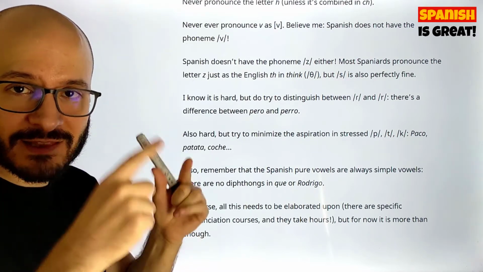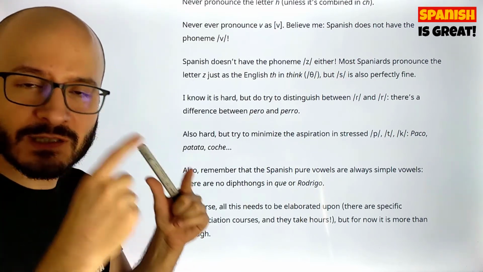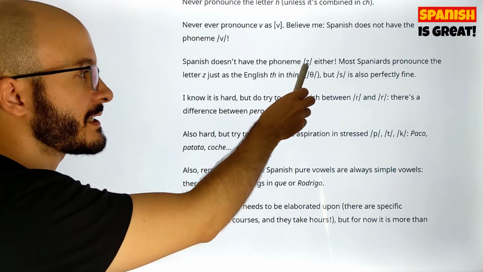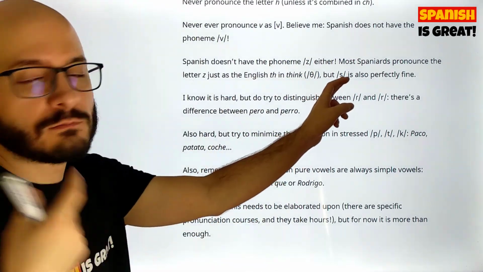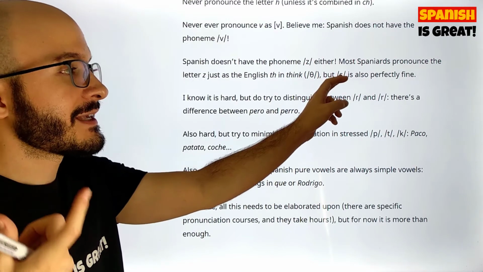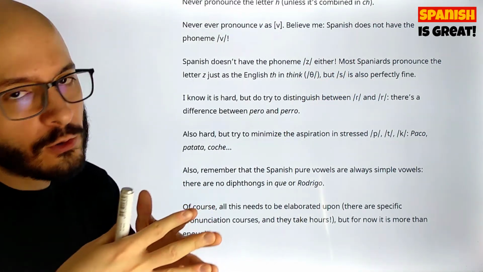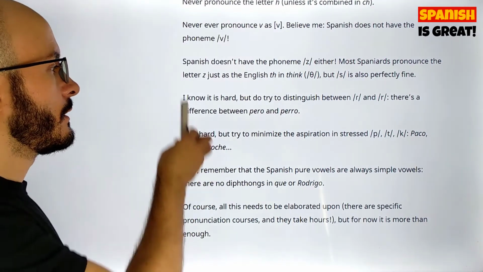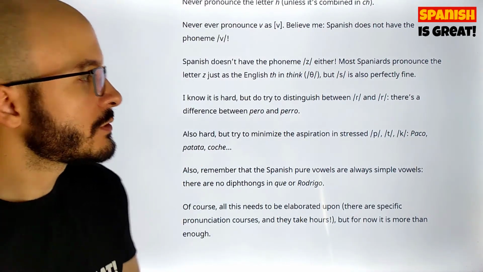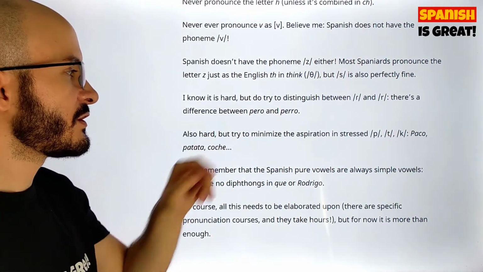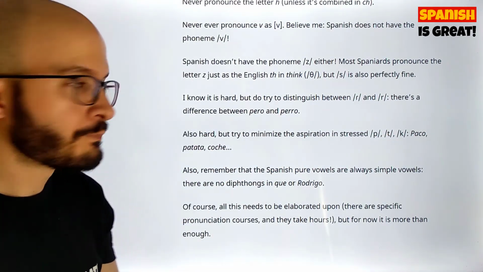So the letter zeta is not for Z, because Z doesn't exist in Spanish. So just th. But as I said, S is also perfectly fine. So zapato or sapato. I know it is hard, but do try to distinguish between R and RR. There is a difference between pero and perro.